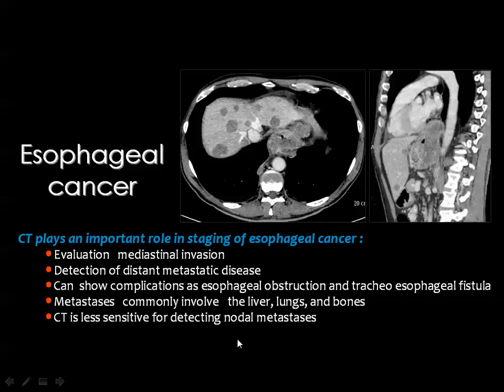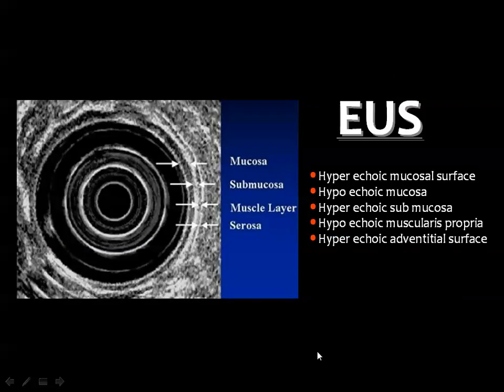Also it can show complications of esophageal obstruction and the development of tracheoesophageal fistula. Metastases commonly go to the liver, but may go to the lung and bones. And CT, as well as MRI, is somewhat less sensitive for detection of the lymph nodes.